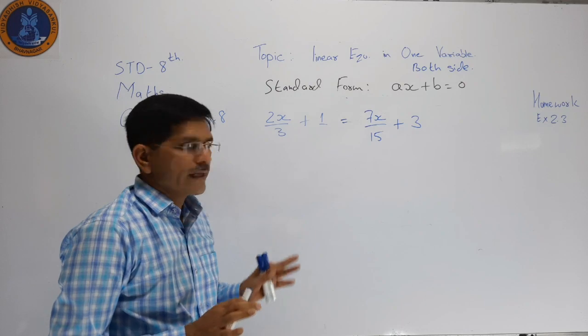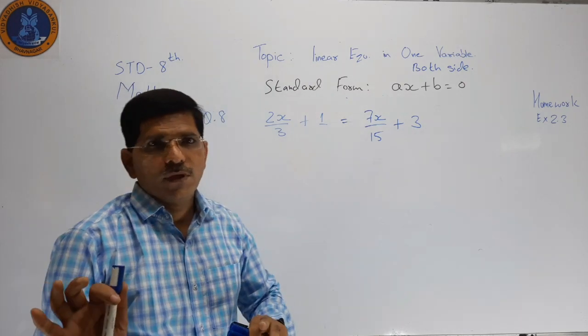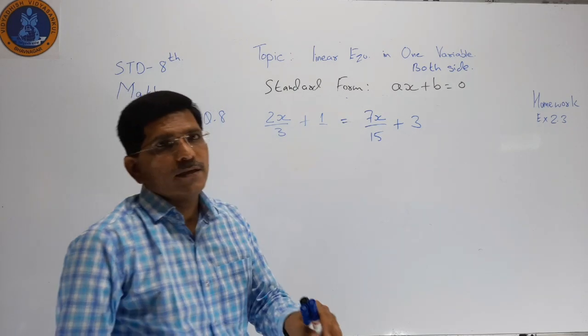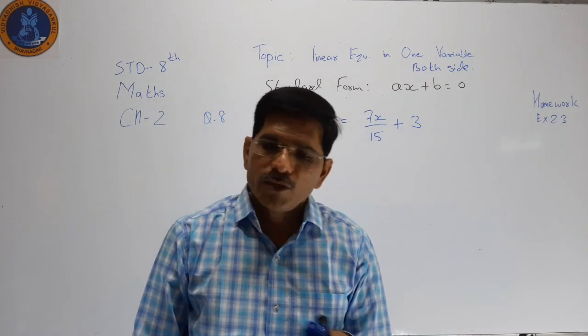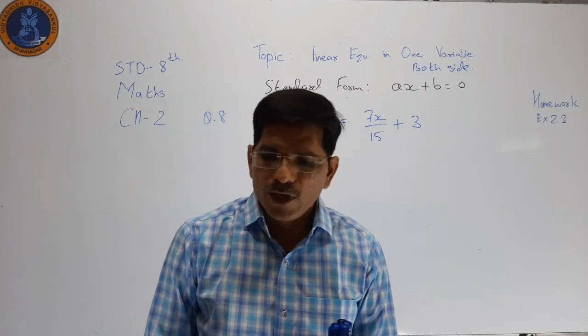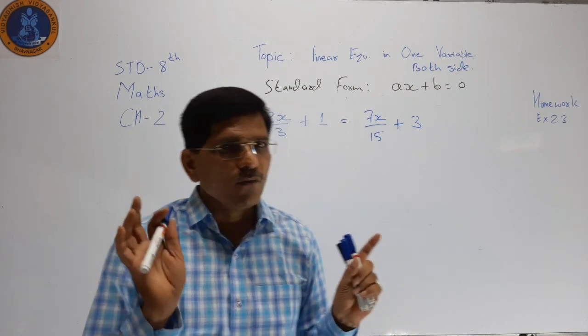Two different ways we can solve this sum. Either I take the LCM of each term, or we first simplify and then solve. One example is also in your text, where they say that we first take the LCM and multiply each term with it.